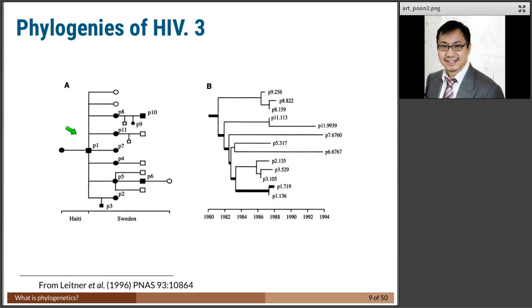This is a transmission tree that was assembled from conventional epidemiological methods, contact tracing. This is a diagram from Thomas Leitner's classic paper in PNAS showing how the shapes of those two trees are similar. So the virus is evolving so quickly that there is adequate information to reconstruct some of these relationships.